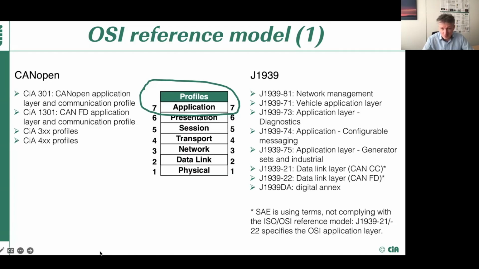The typical ISO OSI model comprises 7 layers, as shown in this picture. For deeply embedded or just embedded systems such as CANopen or J1939 in their respective application fields, not all the layers need to be implemented in software and hardware.